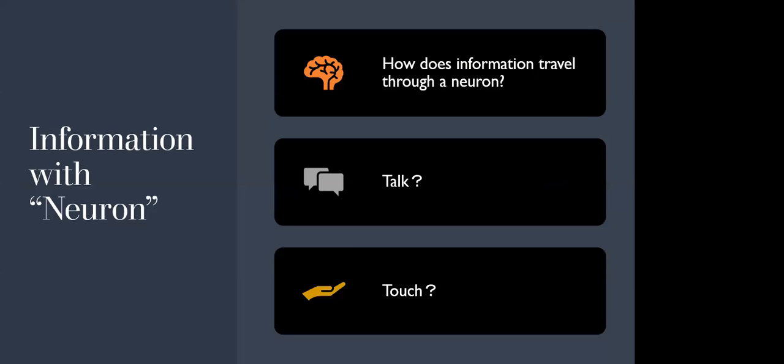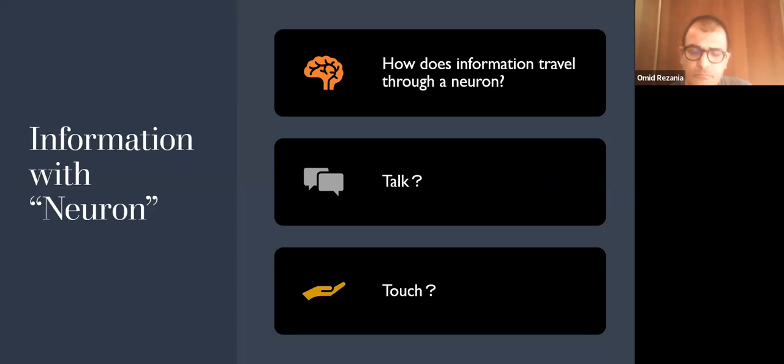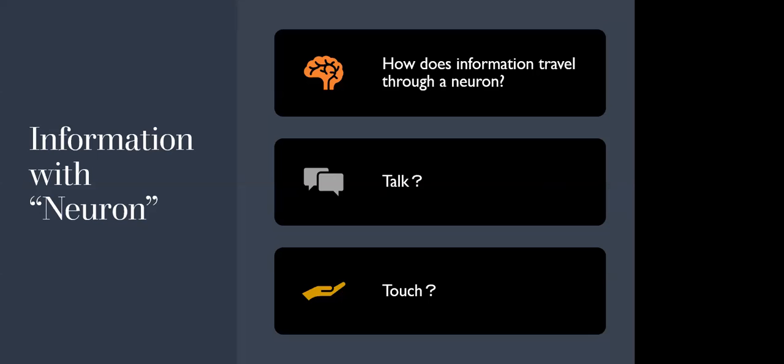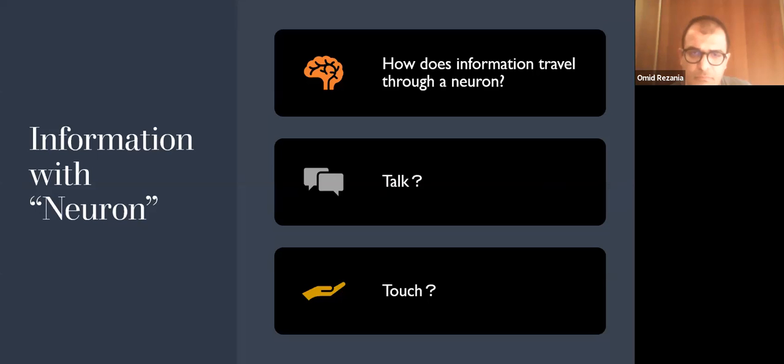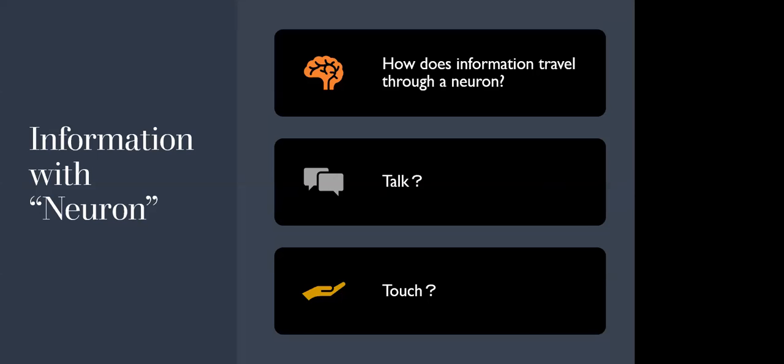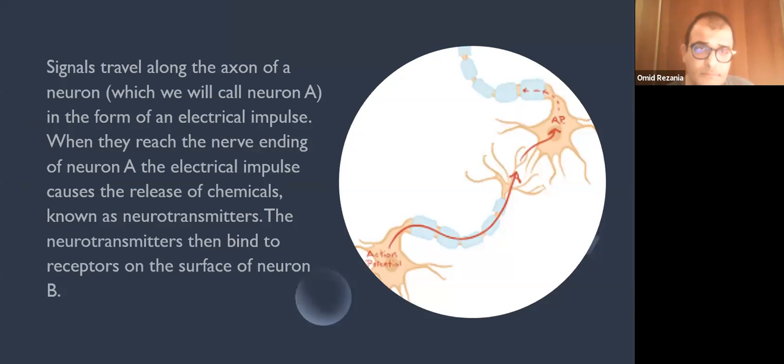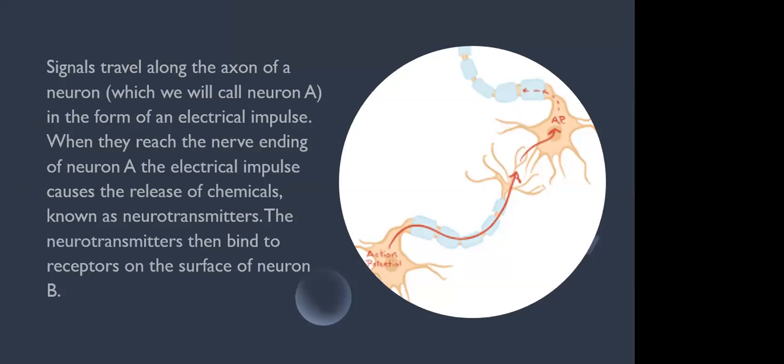How does information travel through a neuron? Do they communicate by conversation or by touch? The signal travels along the axon of a neuron, which we will call the neural end, in the form of an electrical impulse.